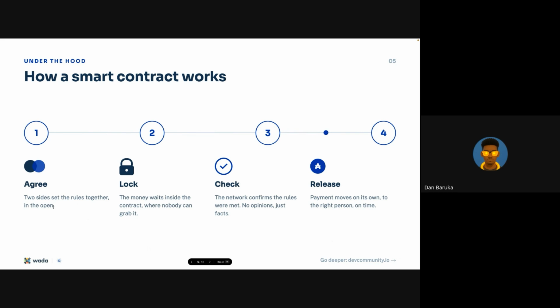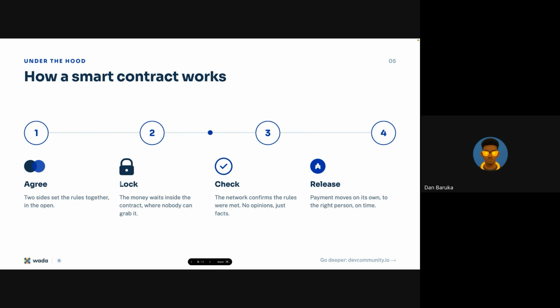We have an agreement, two sides set rules together, and then we lock the money inside. When we talk about money, it can be any type of asset. It can be NFTs, tickets, native tokens, anything we can transfer in the blockchain can be locked in the smart contract.